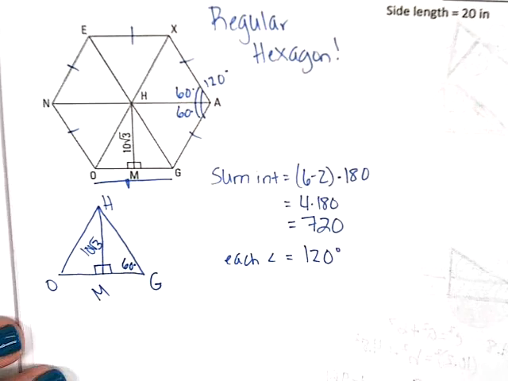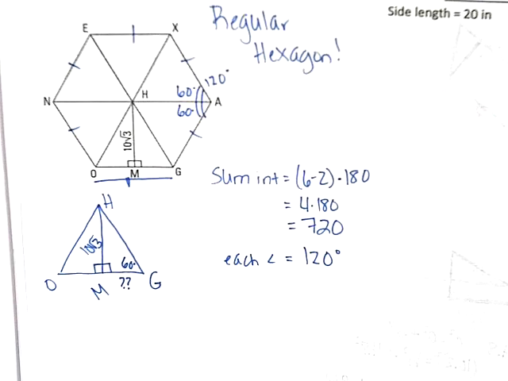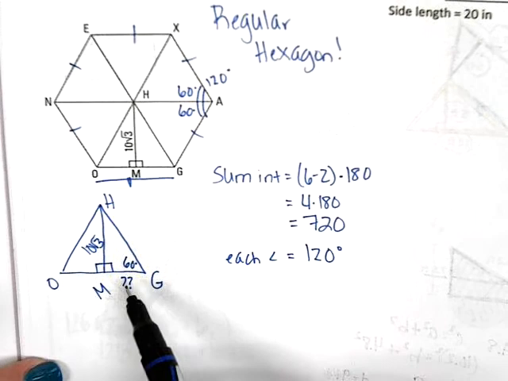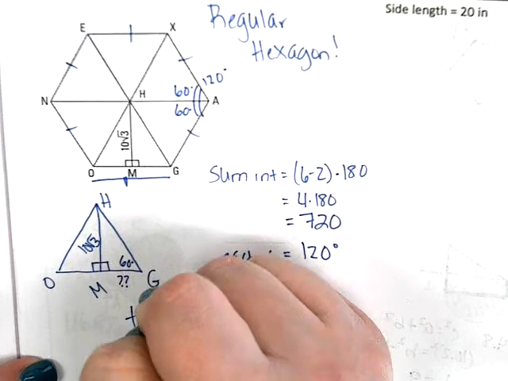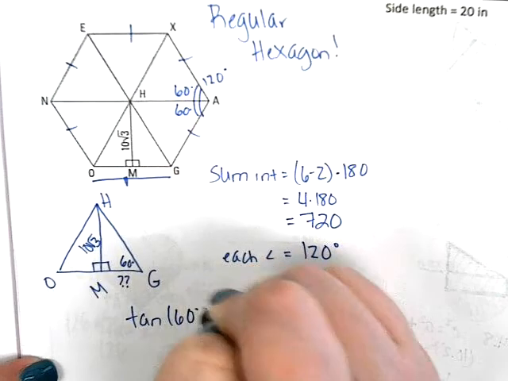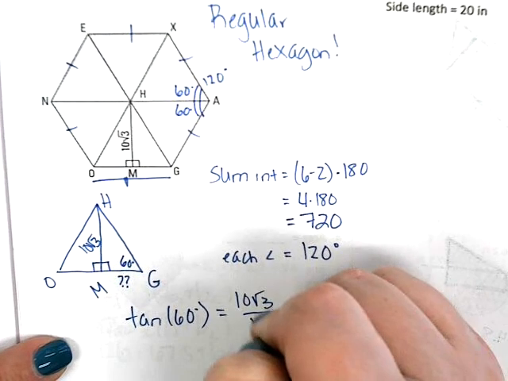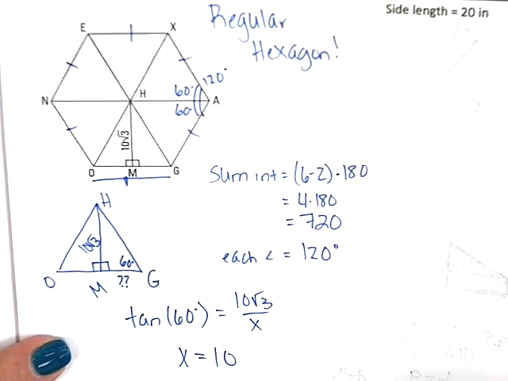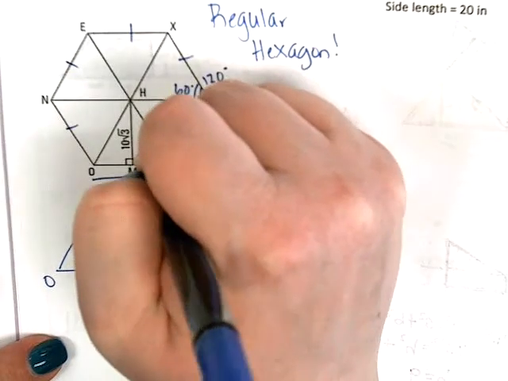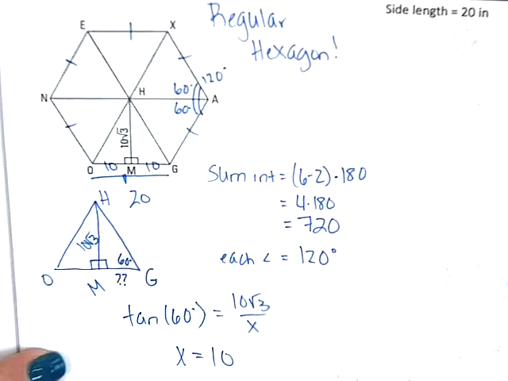Okay, and I want to figure out how long this segment is so that I can get the base. Okay, so we can use SOHCAHTOA, right? Opposite over adjacent would be tangent. So the tangent of 60 degrees is equal to 10 rad 3 over x, and we get x equals 10, which means MG is equal to 10, and the entire thing then is 20.